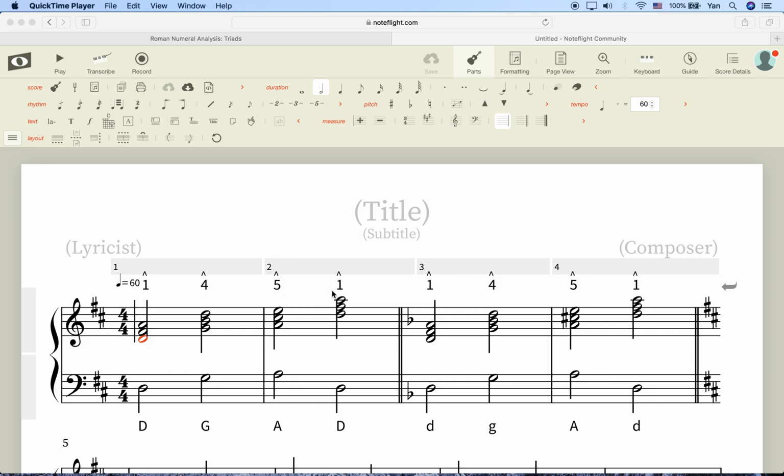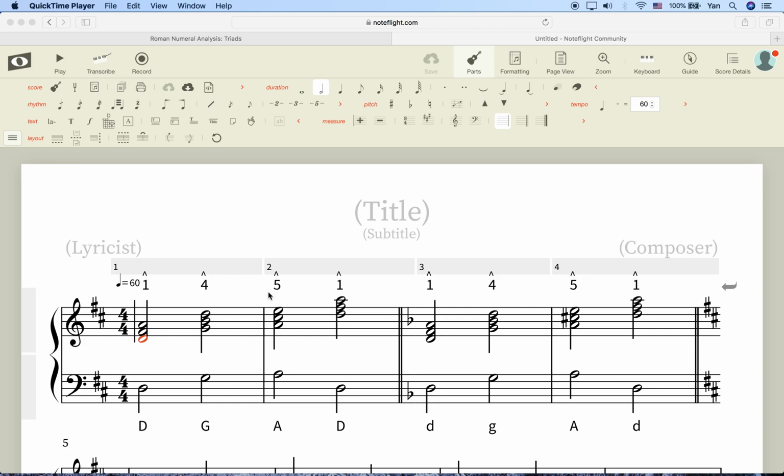And finally, the triad built on the first degree again, the tonic. So this idea of 1, 4, 5, 1 is a very simple but very important chord progression that's found in a lot of different music.